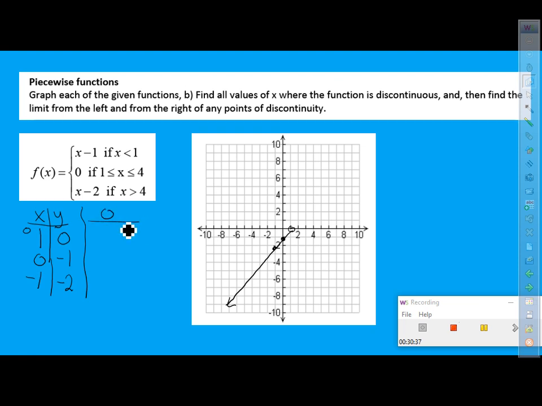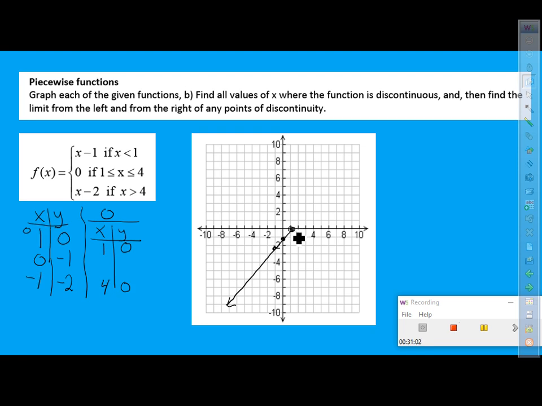Now let me go pick on the next piece. I need to pick some points between 1 and 4. So I'm going to pick the endpoints for sure, the endpoints of 1 and 4. I know my corresponding y values at those points are 0. So here's what my next little piece looks like. I've got 1, 0, which I already have an open dot there.